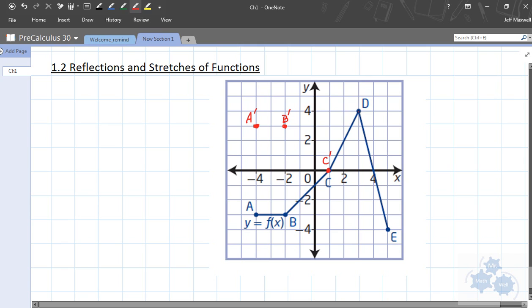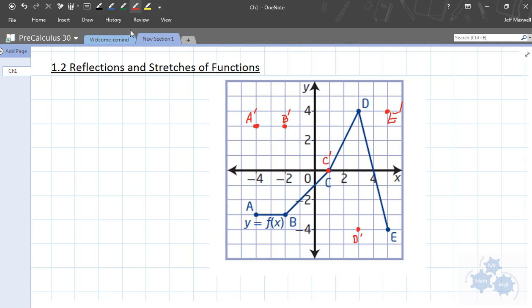Now D flips the other way. So D is 4 units from the x-axis, so we have to go 4 units down from the x-axis. This is D prime. And E, of course, flips the other way, and it goes back up here. E prime. Okay?